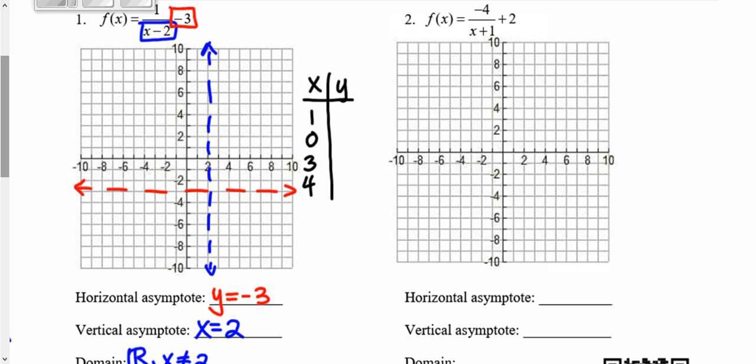Then I'm going to plug this into my calculator, practicing the way that we did in class, or if you watch the notes video. So we did negative 4 out, and now I'm just going to change that to a 0. And then a 3. And a 4.